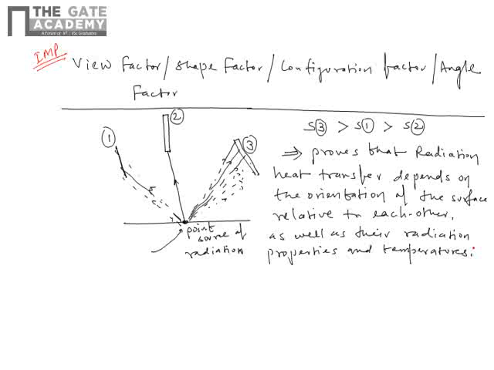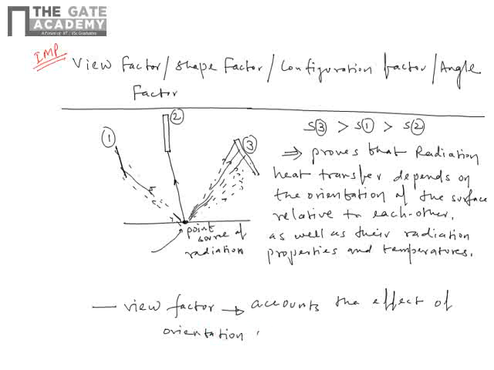To account for the effect of orientation on radiation heat transfer between two surfaces, we define a new parameter called view factor. It accounts for the effect of orientation on radiation heat transfer.